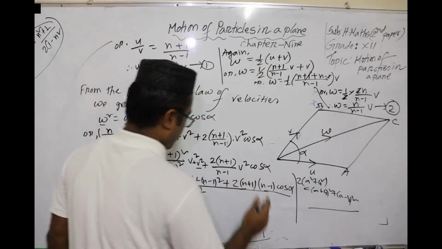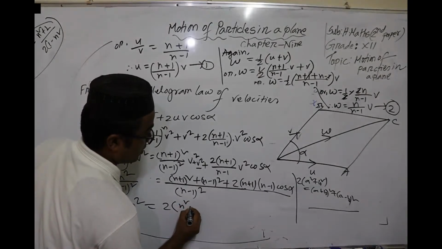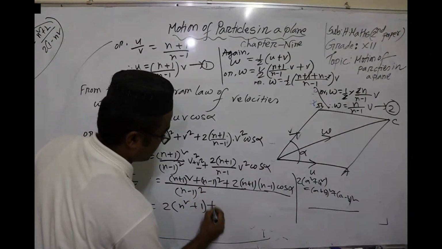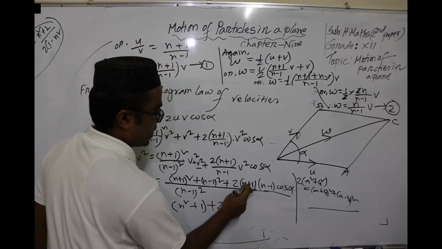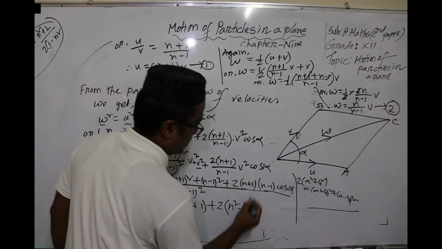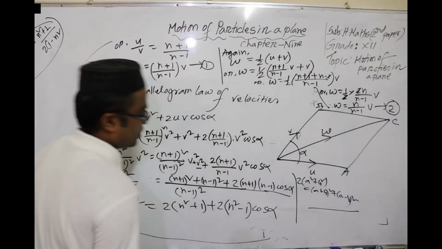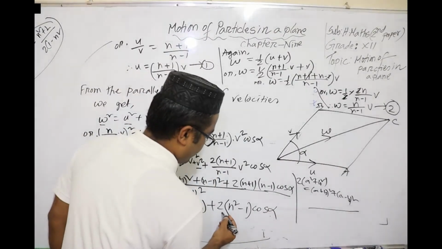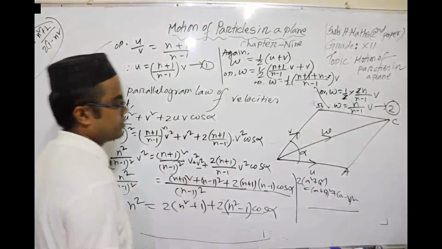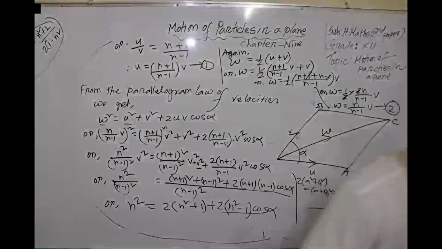Now we can write 2 into (a square plus b square). a square means n square, and b square means 1 square, 1 square means 1, plus 2 into (a plus b)(a minus b) means a square minus b square. b square means 1 square, 1 square you can write only 1, cos alpha. Now we need to transfer this one, we said left side and other terms, transfer to what? Right side. Then you will get the result.